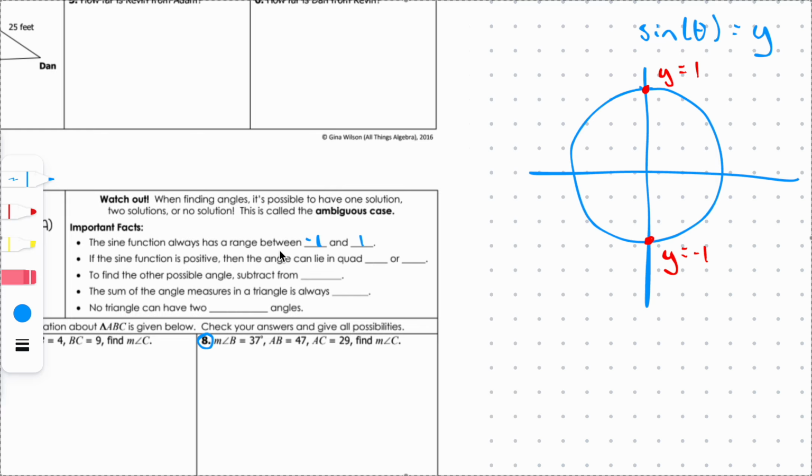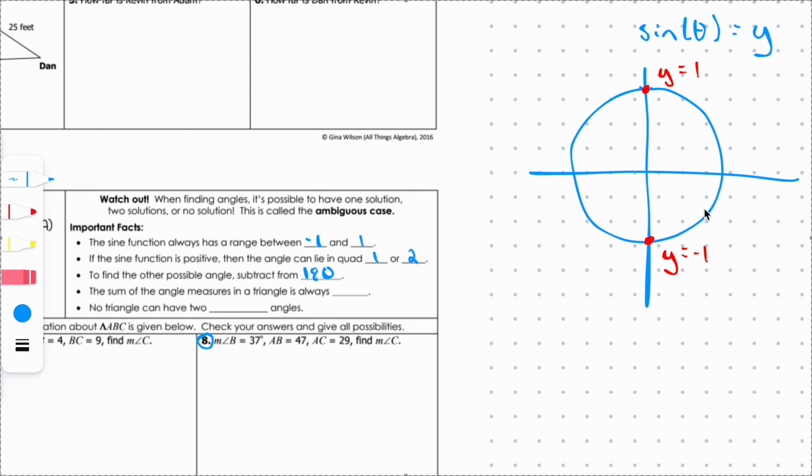Okay? If the sine function is positive, then the angle can lie in either quadrant 1, which is here, or quadrant 2, which is here. And that's because our sine function, that's our y value, and if that's positive, that means it has to be above the x-axis, and so that occurs in quadrant 1 and quadrant 2. To find the other possible angle, we'll have to subtract from 180.